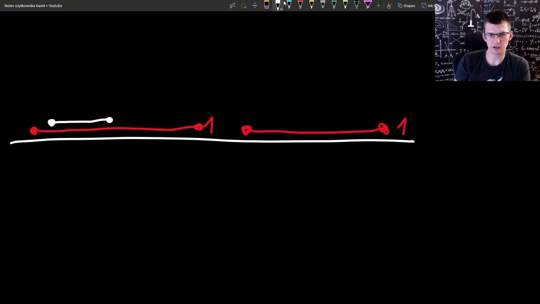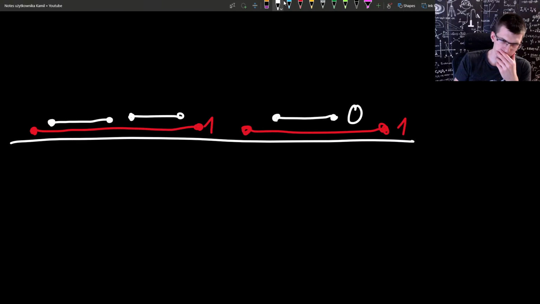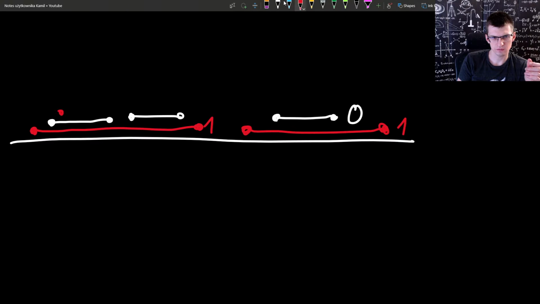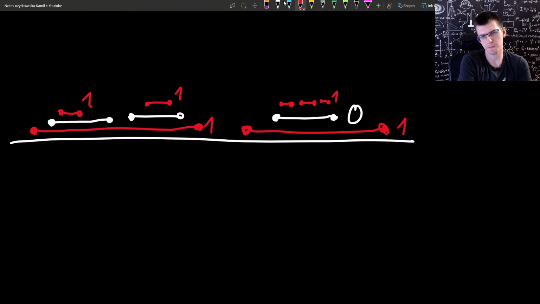I don't think the hole can reach this. Holes will look like that. Those are again zeros. And I can make new holes in that with ones. And we hope that nothing more complicated is possible.